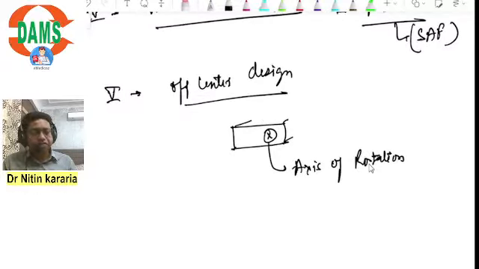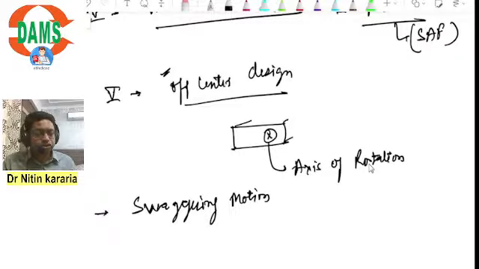And because of their off-center design, these instruments, they have motions like swaggering motion. The motion is called swaggering motion or snake-like motion.